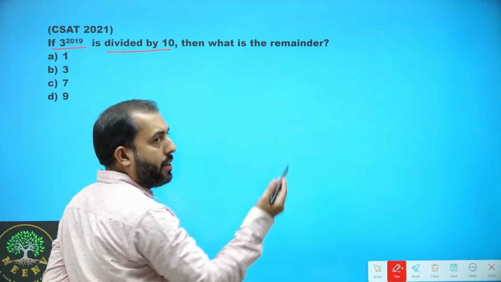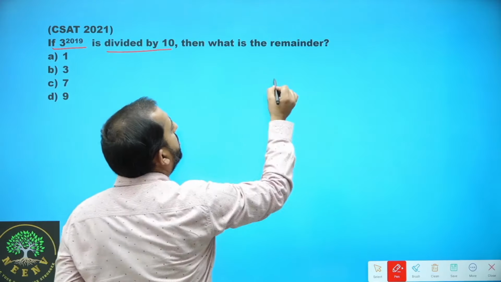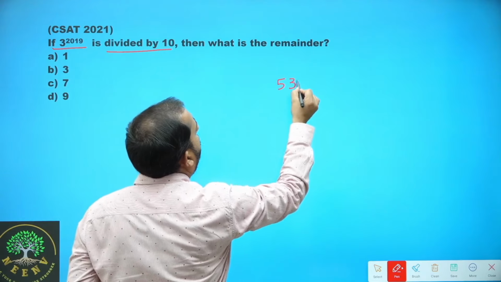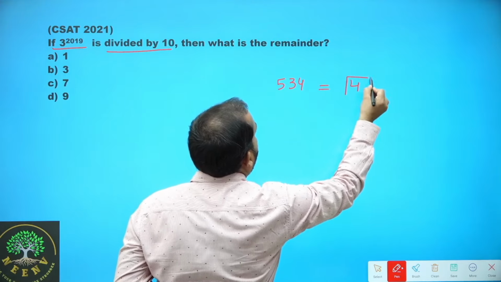Let's understand this with the help of an example. 534: what is the unit digit of 534? It is 4 only.